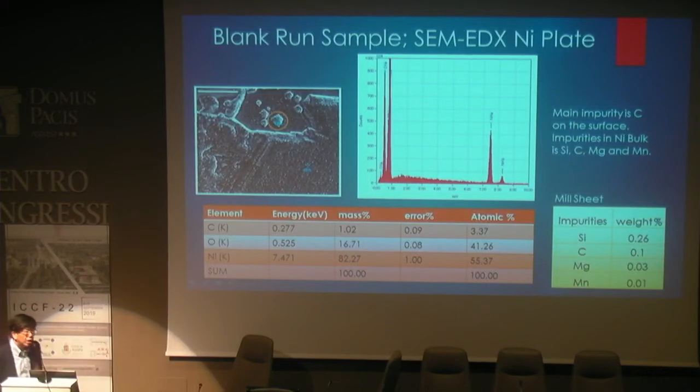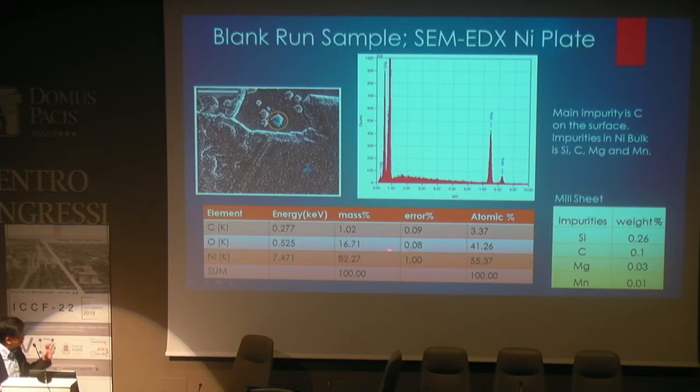So I will show you an example of an experimental analytical result. This is a Blank-Run sample, analyzed after the run by SEM-EDX. We can see the surface of the nickel, and by EDX we can see carbon and oxygen and, of course, nickel.